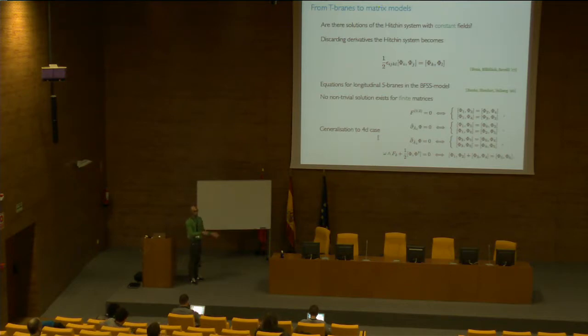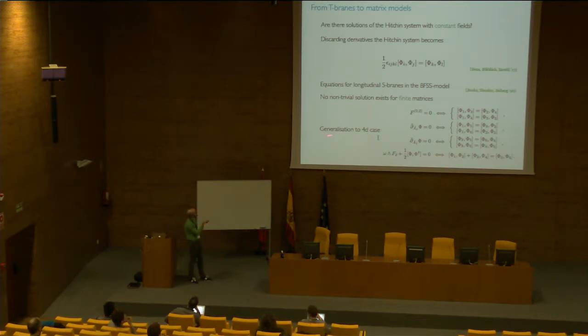If you throw away all derivatives, you can package all equations in this simple one, as was found last year. And this equation actually already appeared in the past. It's the equation for longitudinal fivebranes in the BFSS model. One important thing is that this system doesn't allow any solution for finite matrices. So eventually, all the matrices that we will be considering will be infinite.